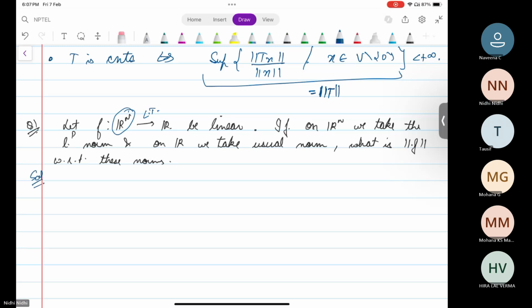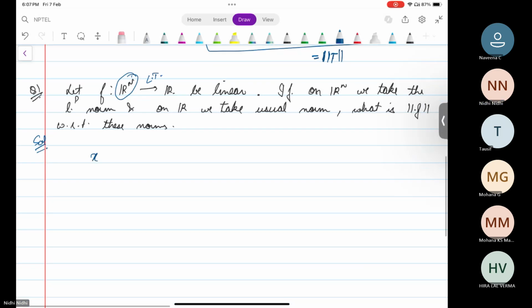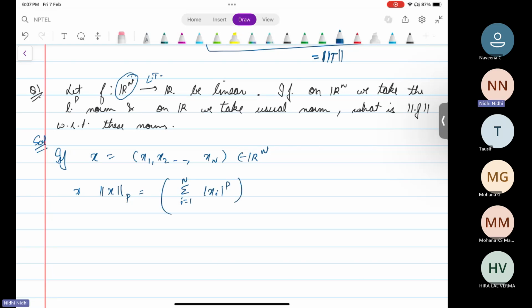Definition. Now suppose x is an element in Rn, then we know that its LP norm is summation i from 1 to n modulus xi to the power p, whole to the power 1 by p. And we have f from Rn to R, a linear transformation.